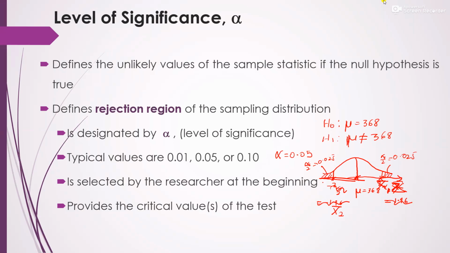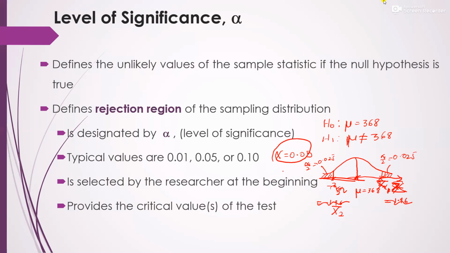And also if the mean value is less than X2 bar, in that case also we cannot get mu equal to 368. The mean value is false. So this X1 bar and X2 bar are decided based on the level of significance.